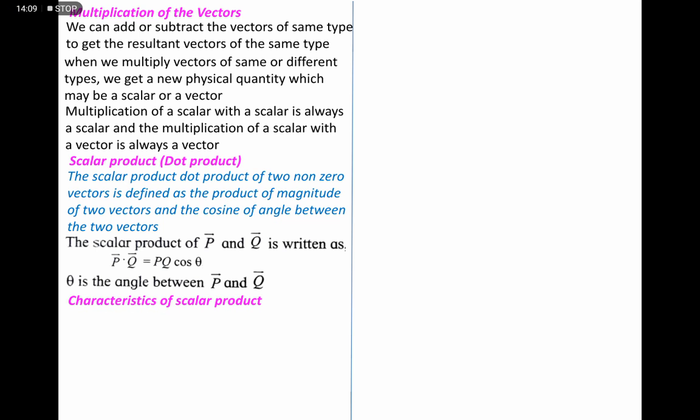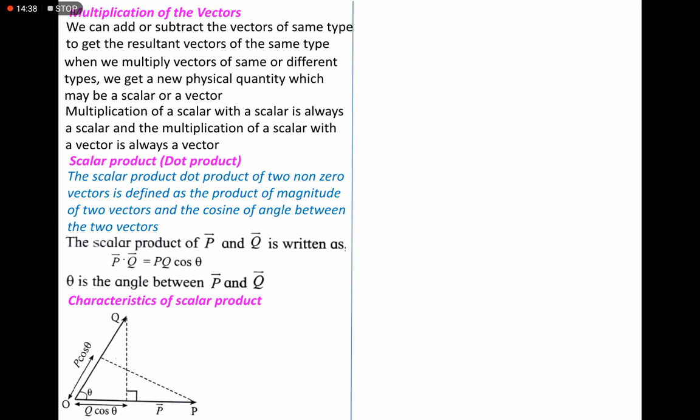Now the characteristics of the scalar product. Diagram: two vectors p bar and q bar inclined with angle theta, or you can say they are separated by angle theta. Then p cos theta is the component of vector p bar along the vector q.